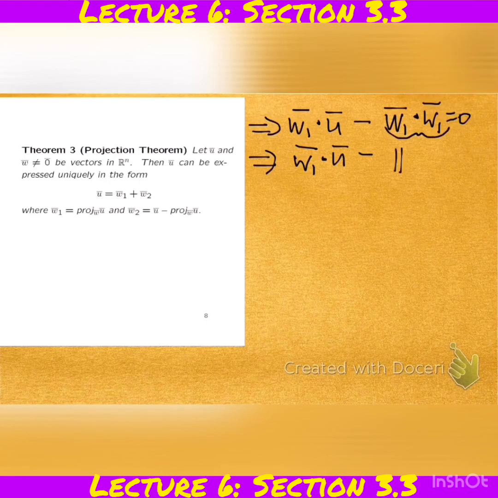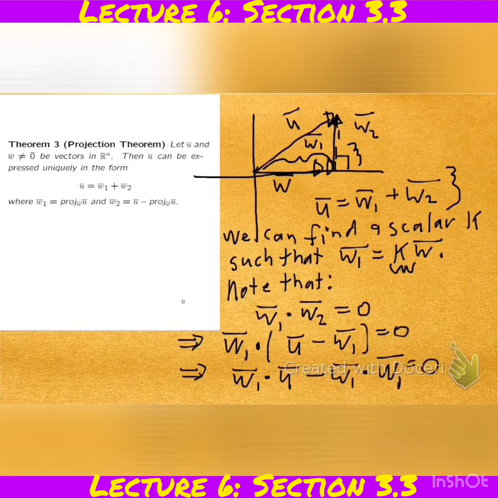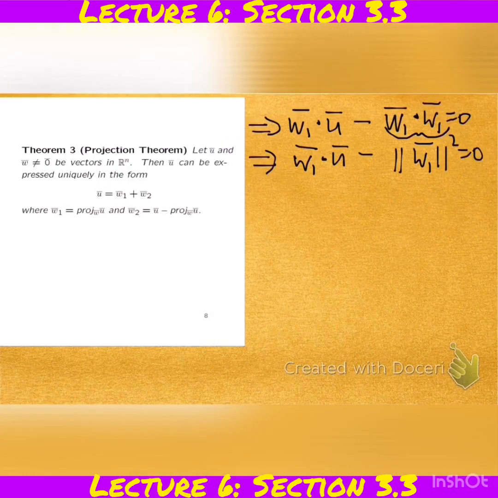It's the norm of the vector squared. Now remember we said that w1 is a scalar multiple of w, so kw is in fact w1. So you've got the norm of that squared, equal to 0.